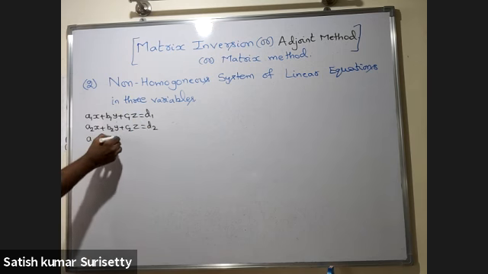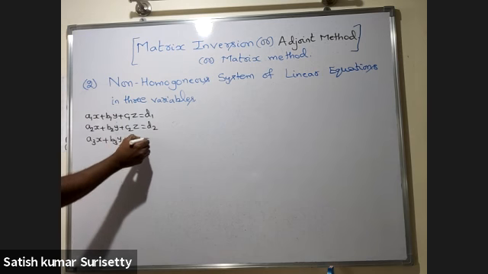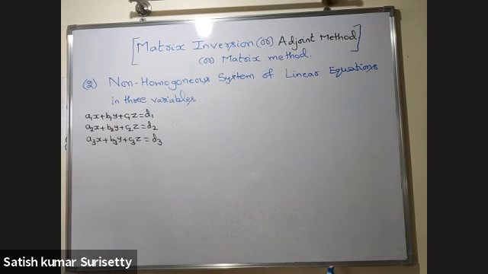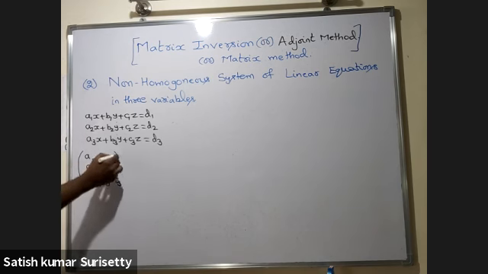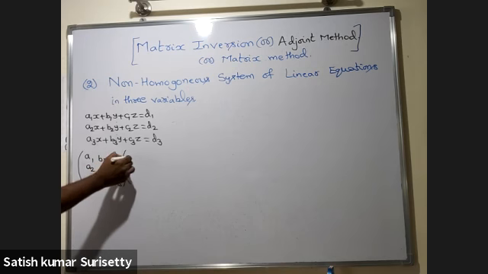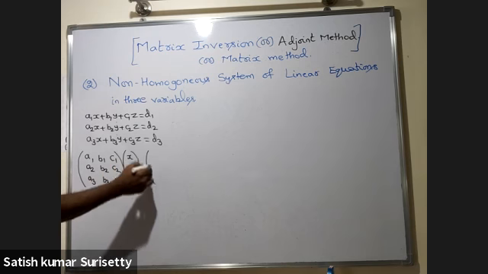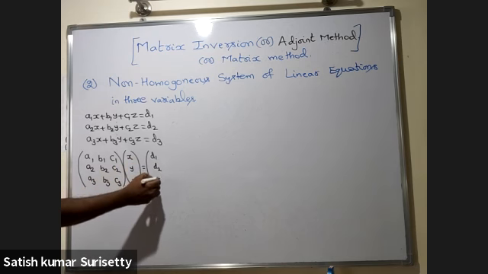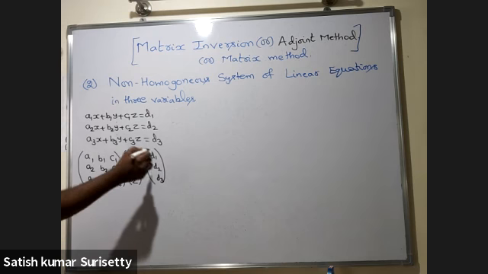A3x plus B3y plus C3z equal to D3. The corresponding matrix equation is [A1, B1, C1; A2, B2, C2; A3, B3, C3] times [X; Y; Z] equal to [D1; D2; D3].